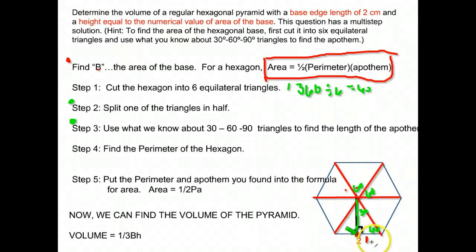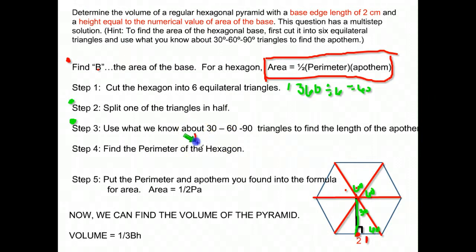Okay, length of 1. The apothem is our long leg. This length 1 is our short leg, and then here we have our hypotenuse. So we need to find the apothem right here. It's the long leg of our 30, 60, 90 triangle.